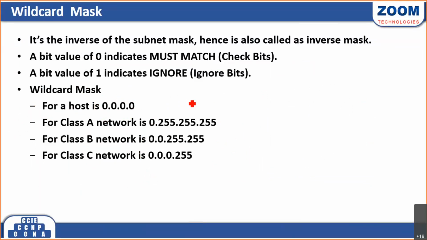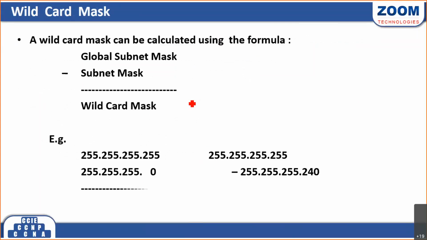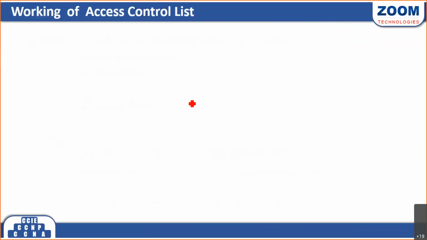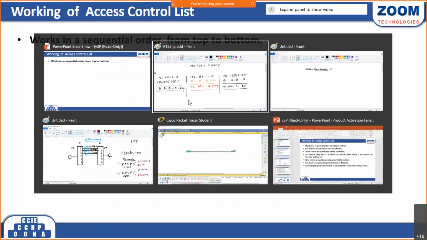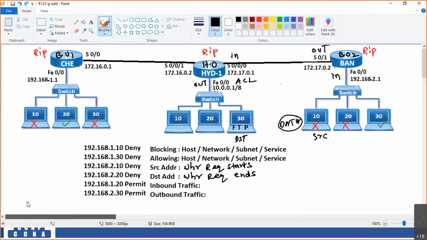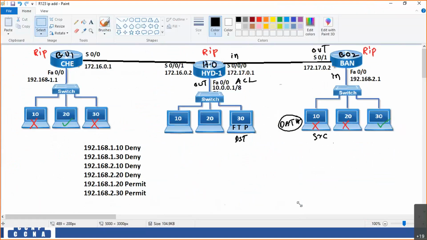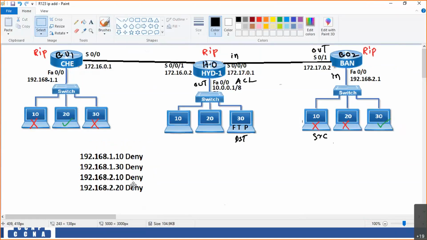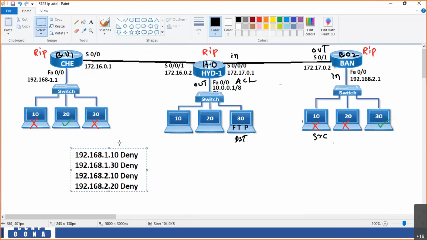Now let's see how wildcard mask ACL works. ACL works in sequential order from top to bottom of the list. Back to our ACL topology, this is our rule list.